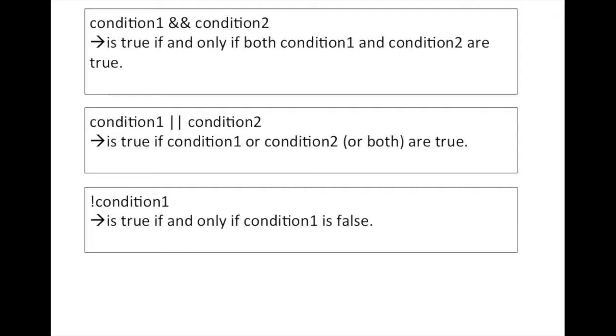The expression condition 1 or condition 2 is true if condition 1 or condition 2 or both are true. The expression not condition 1 is true if and only if condition 1 is false.